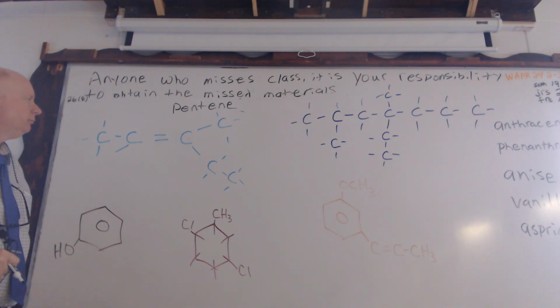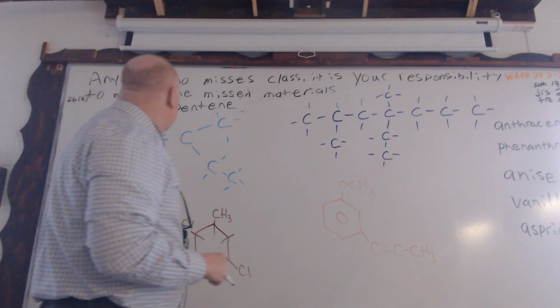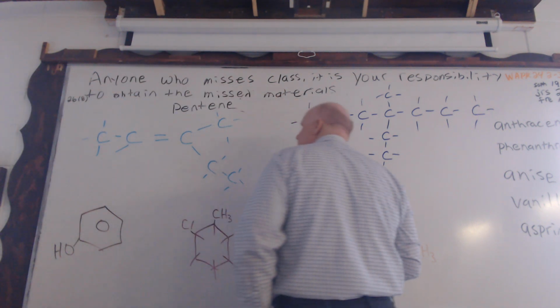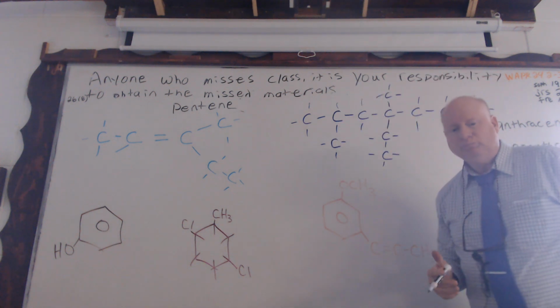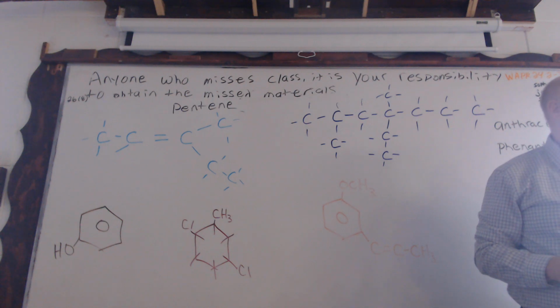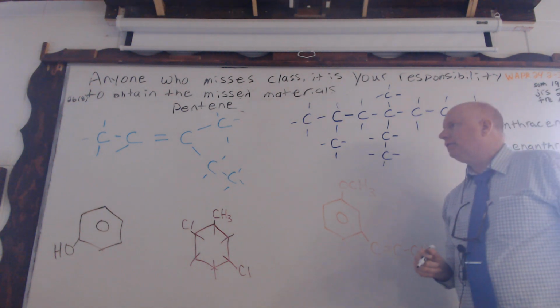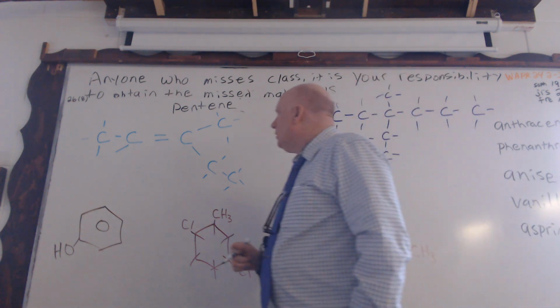Something at the beginning of cis. Yeah, it is something. That's why it's up there. So which carbon is that double bond located after? 2. Okay.